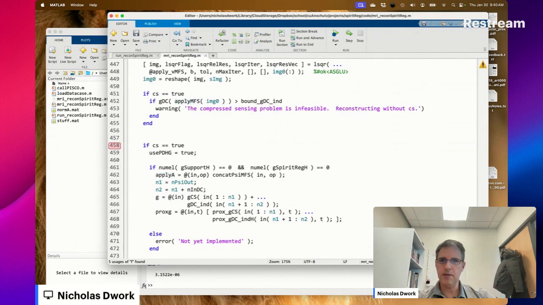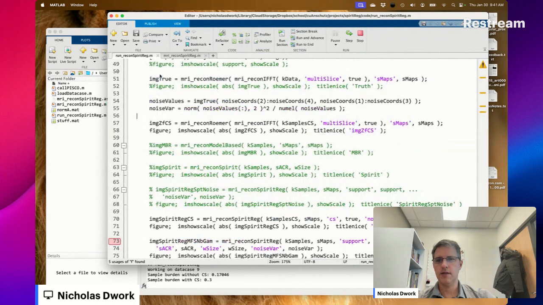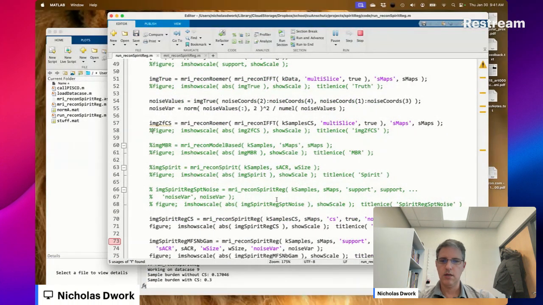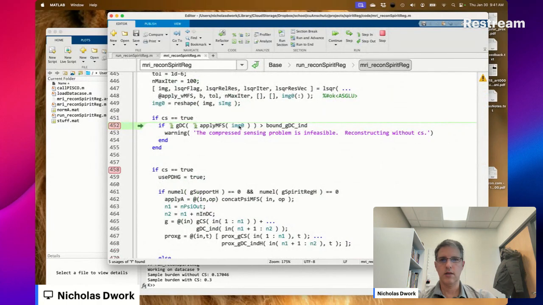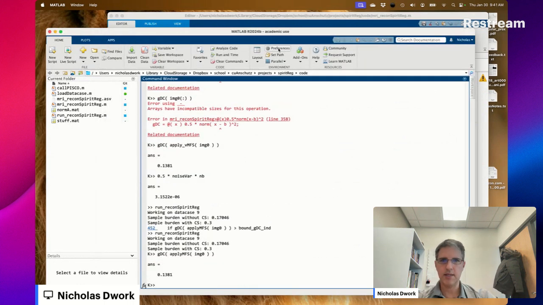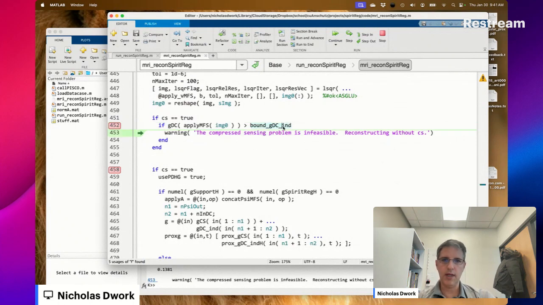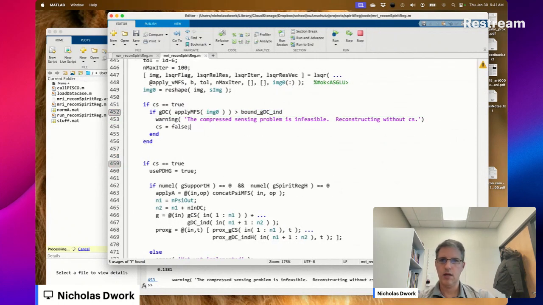Okay, so I think I made a mistake a minute ago. Let's find out if I did or not. I don't want to show that image anymore. Because I think before we were doing psi and MFS. Nope, we were just doing MFS. Okay. And that, of course, is way, way larger than the bound.